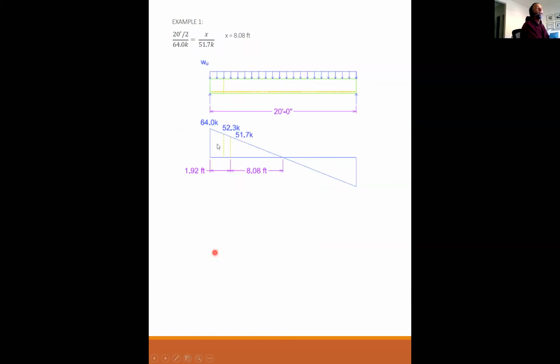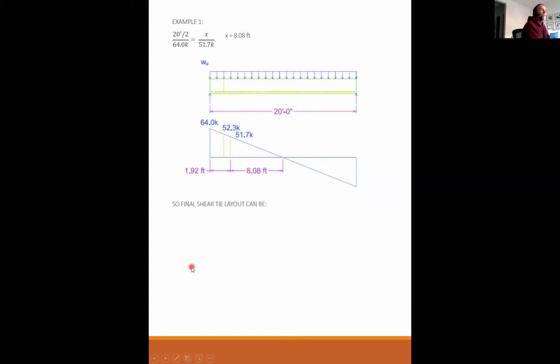I did draw it. Okay, sorry about that. So by similar triangles, the distance from the center where you are at 0 to the end is 10 feet. So 10 feet over 64 kips is equal to some x amount over the 51.7 kips. And it turns out x equals 8.08 feet.